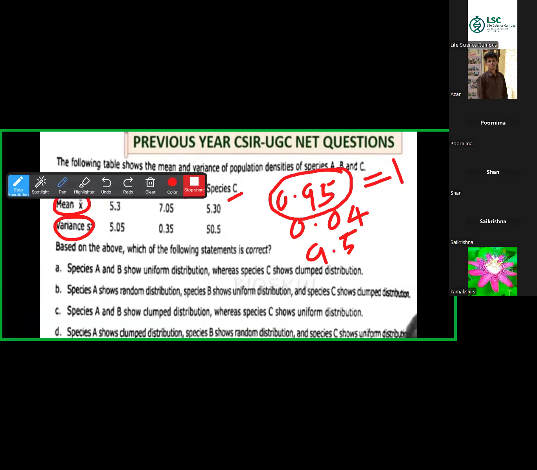So most of you have answered option A. The problem is that we can round this 0.95 to 1. So this 1 means what type of distribution is this?